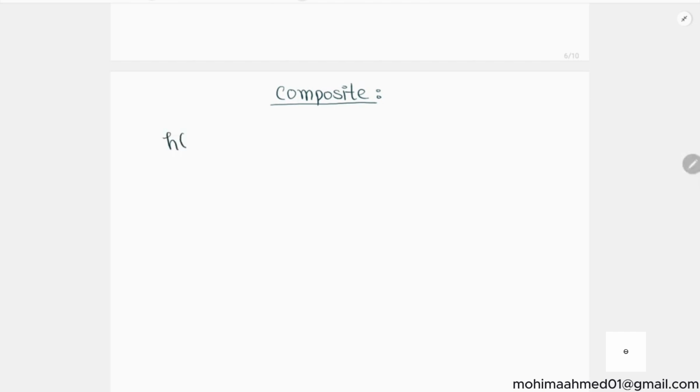For example, they would give you hx as 5x squared plus 2 and gx as 10x plus 4. So they might ask you to find out hgx. So hgx means that you have to input the gx equation into the hx equation.